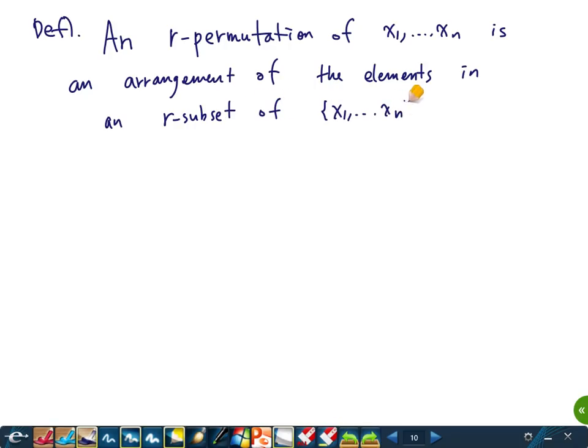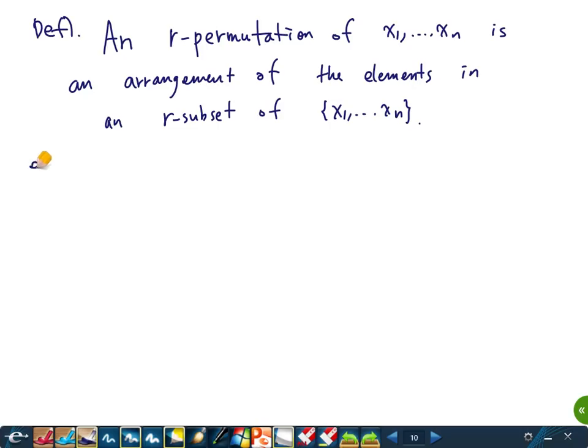Here, R subset means a subset which has exactly R elements. So, in other words, you select R elements from here, and then you arrange the selected elements. Okay, that gives you an R permutation.